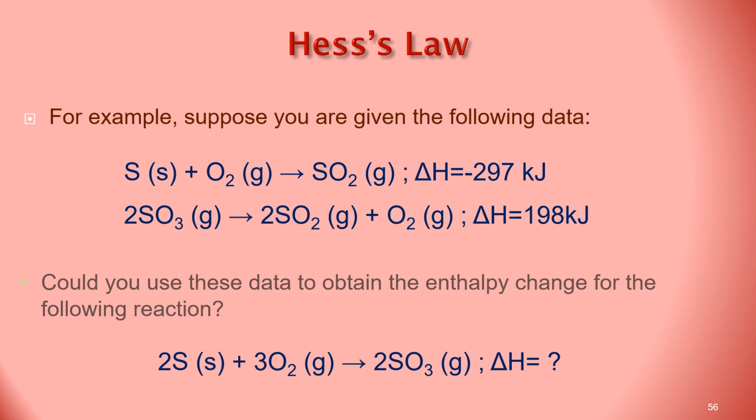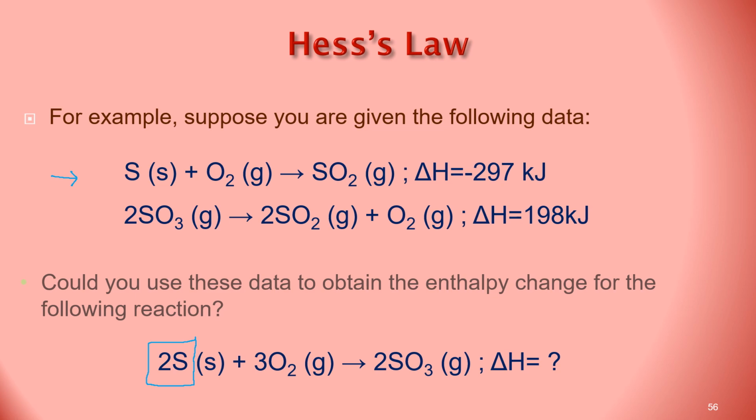A recommendation that I have is to zone in on one reactant or one product, one item at a time. So let me zone in on 2S. In the reaction that I'm looking for, I want 2S, and I want it on the reactant side. I look at my two equations, and I notice that S in the first equation is already on the reactant side.